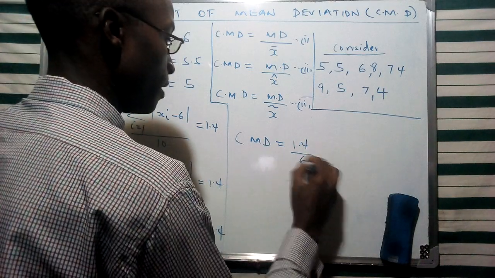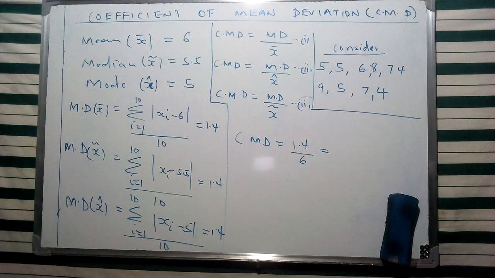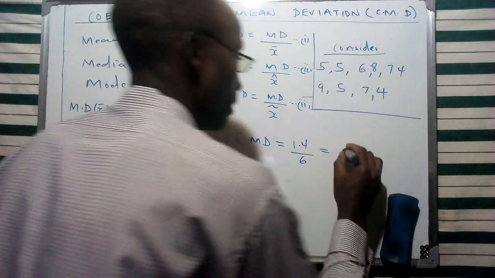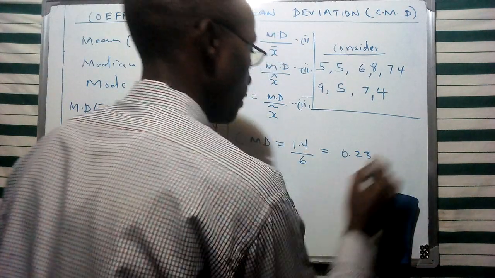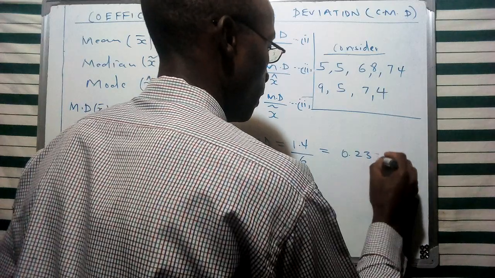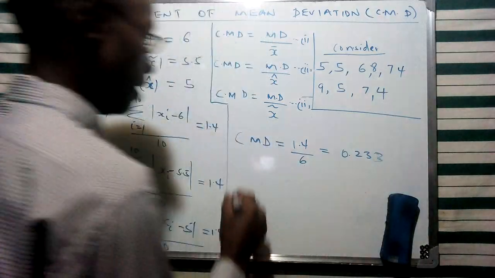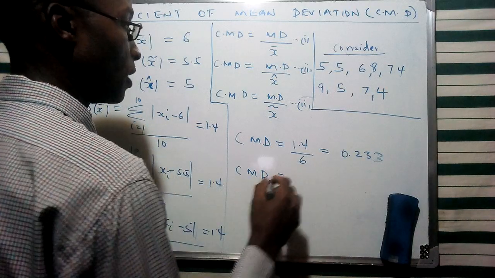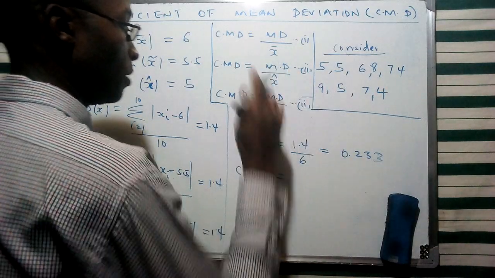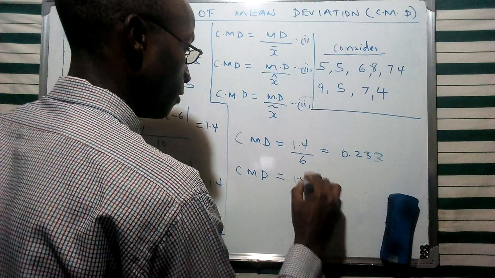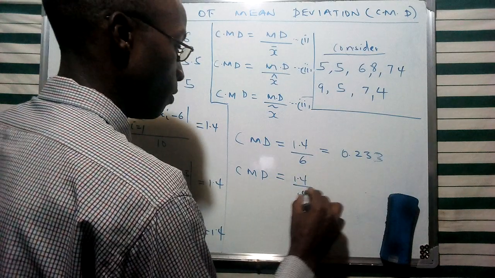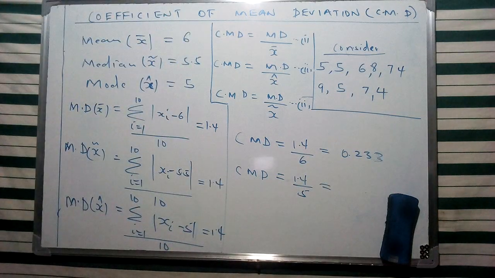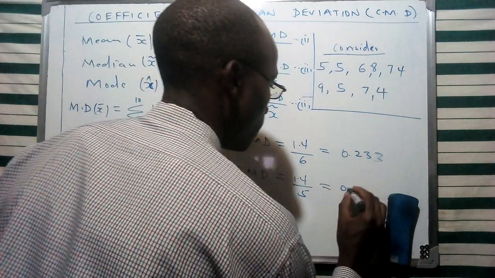So our mean was a value of 6, and therefore that's going to give us 0.233 as our coefficient of the mean deviation. And then the coefficient of the mean deviation about the mode is 1.4 divided by the mode. The mode was 5, and therefore that's going to give us the value of 0.28.